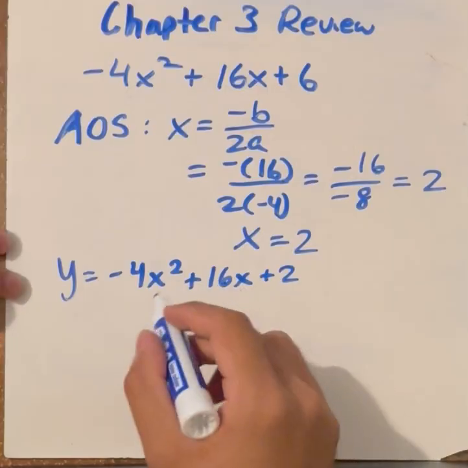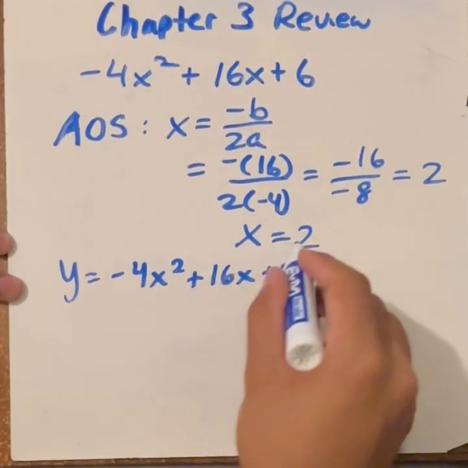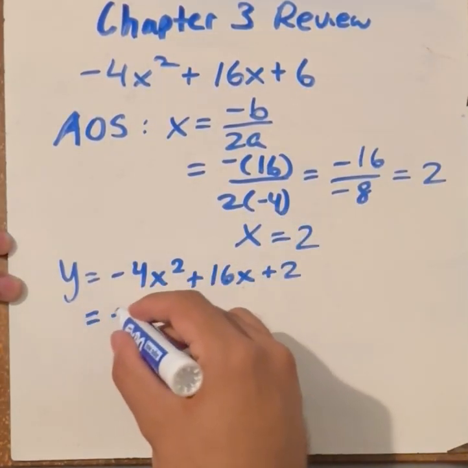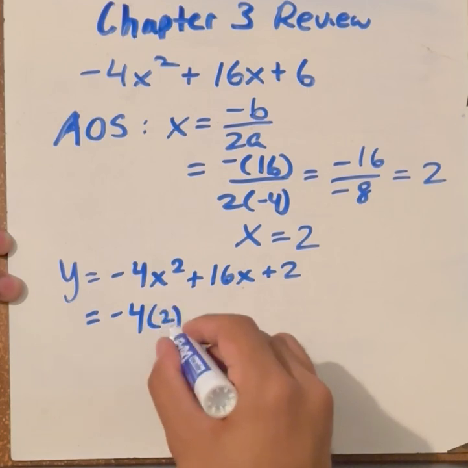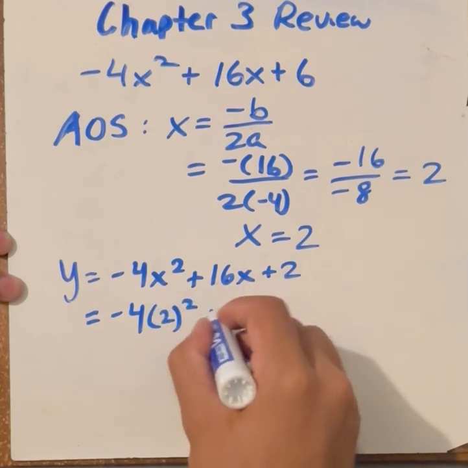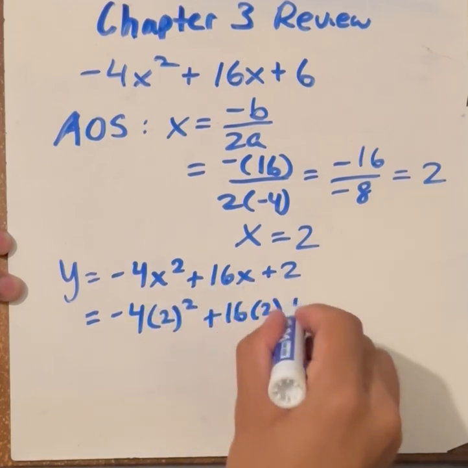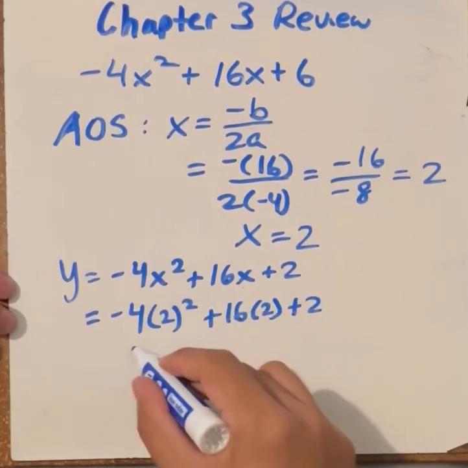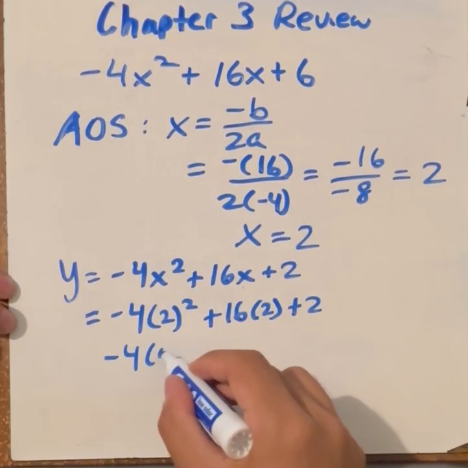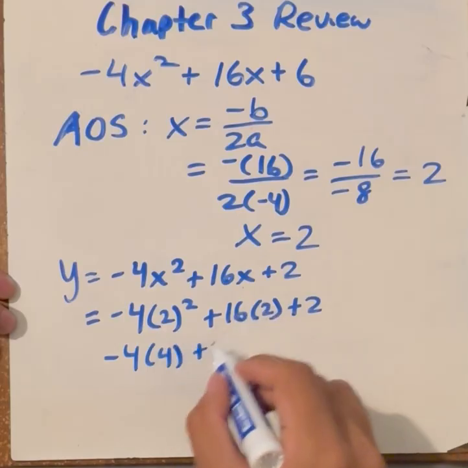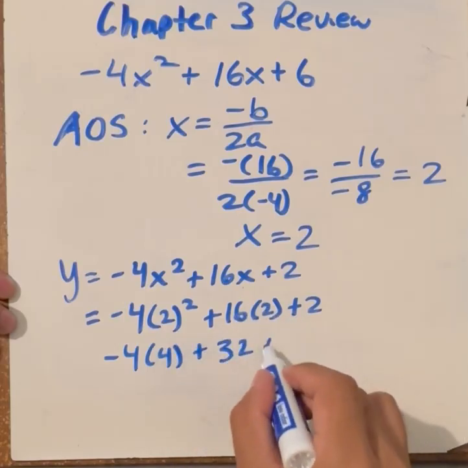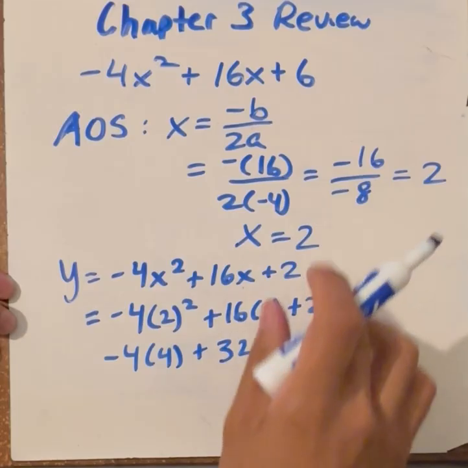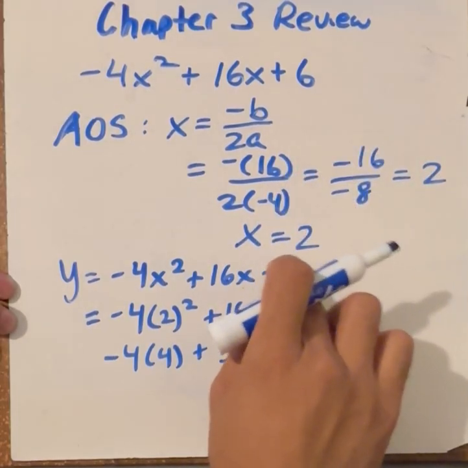Okay, so once we've determined that x is 2, we can just plug in 2 for all the x's, so we'll get -4 times 2 squared plus 16 times 2 plus 6. 2 squared is 4. 16 times 2 is 32. This is a 6 at the end.